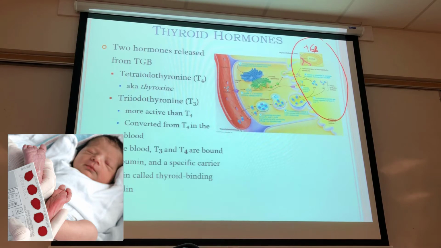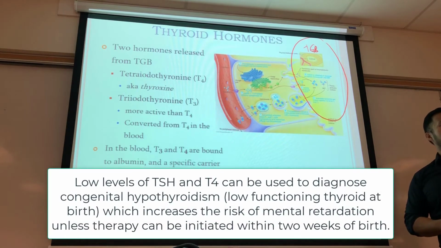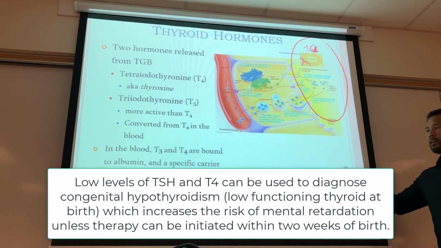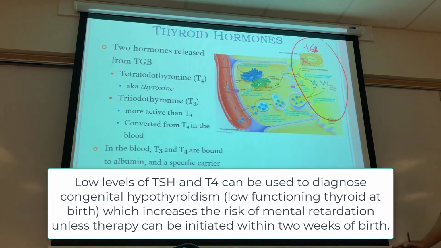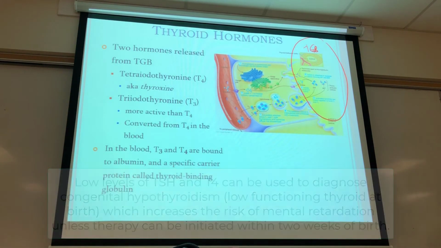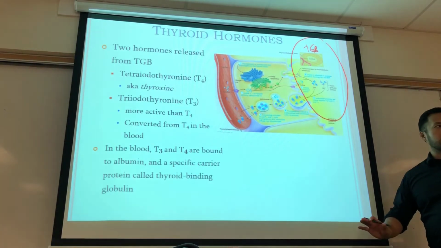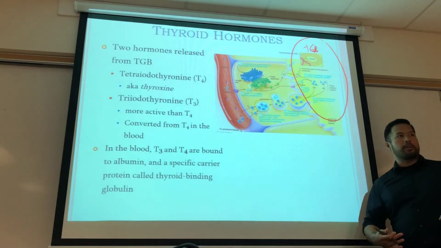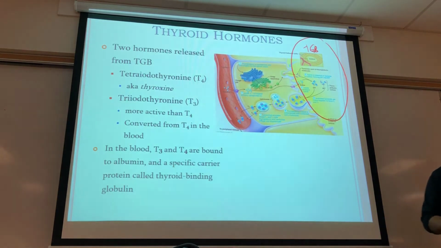If those are normal levels, they know that the metabolism will be fine. If TSH levels or T3 and T4 levels are low, they can diagnose it at birth to make sure that their metabolism stays normal. They can give them certain drugs, they can monitor them and make sure that their development is not stunted from that point on. So the way they can diagnose hypothyroidism as well as hyperthyroidism, either too low or too high of these molecules, is through the measurement of T4 levels, T4 being thyroxine.